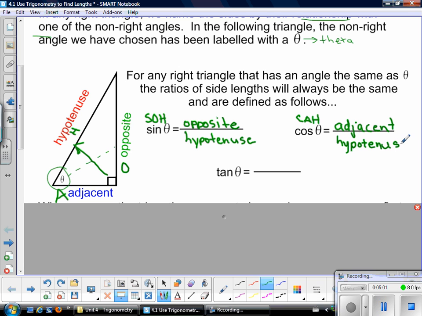And finally, tan is TOA, and that stands for opposite over adjacent. That's why they made you memorize SOHCAHTOA in previous years, because that gave you a way to remember these three formulas, because that's what we use them as, formulas.